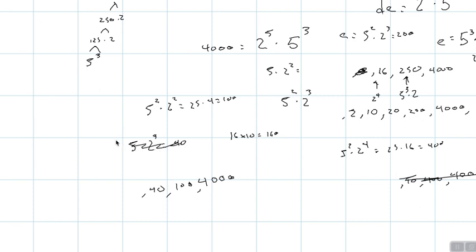But then it's not big enough. This would have to be bigger. 5 times 2 to the fifth would be 32 times 5. Interesting.